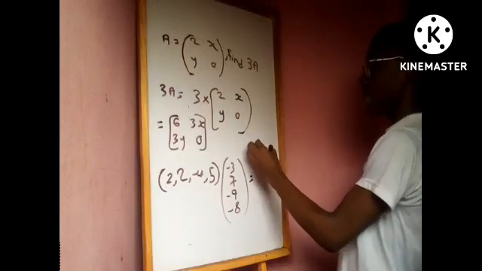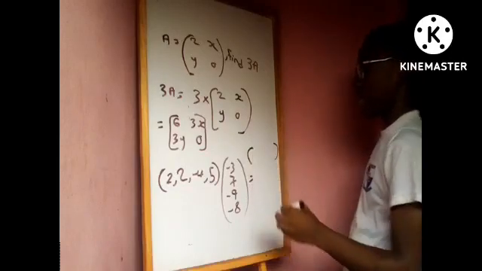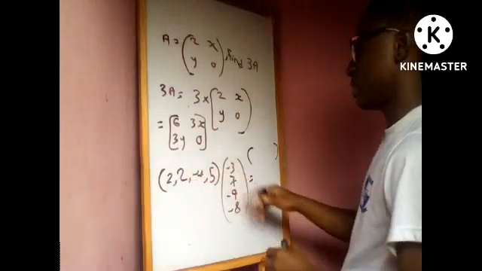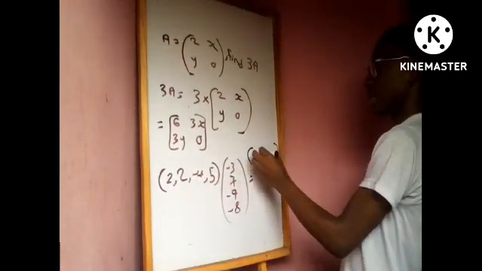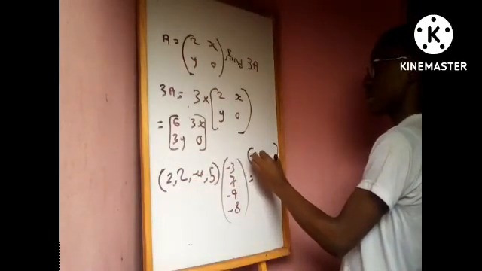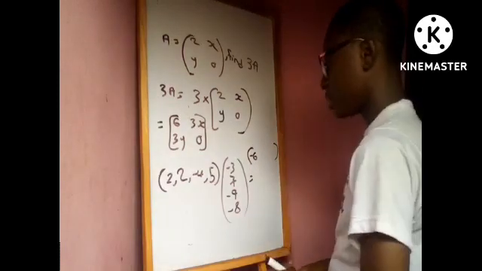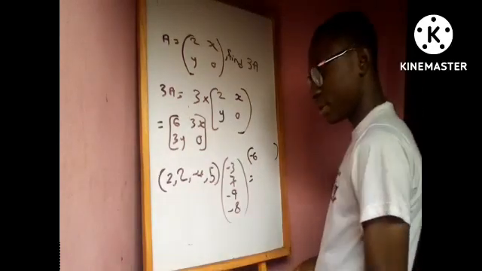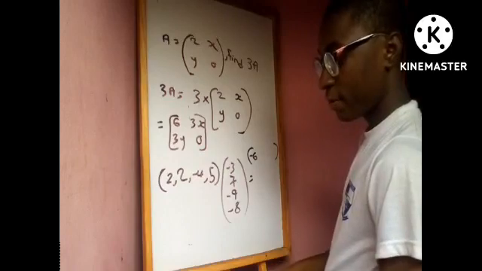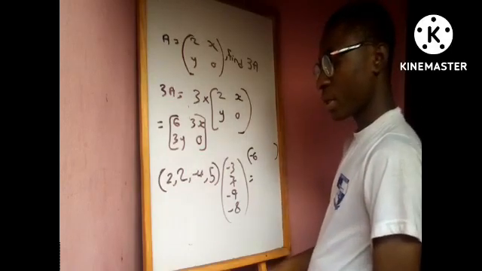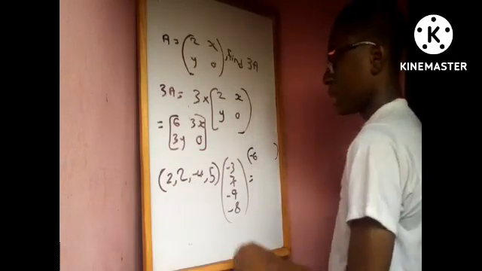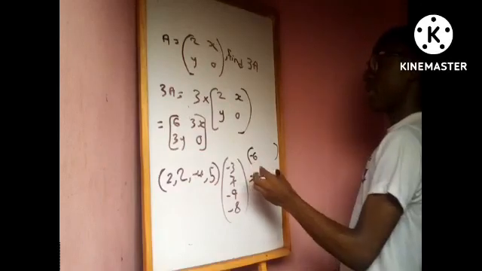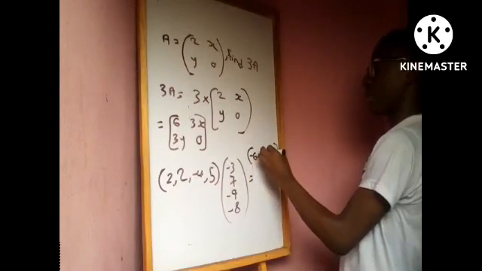So let's have our answer here. Now 2 times minus 3 is minus 6. That's going to be the result for the first term. Now 2 times 7 is plus 14. So minus 6 plus 14.